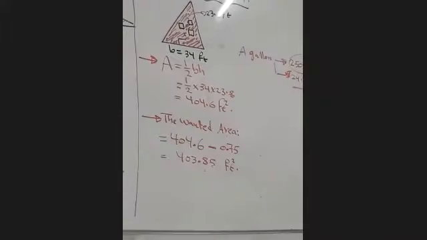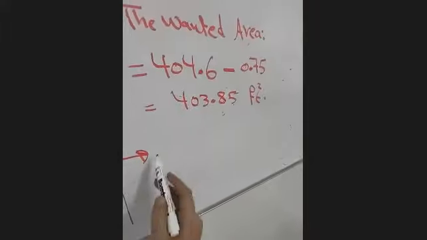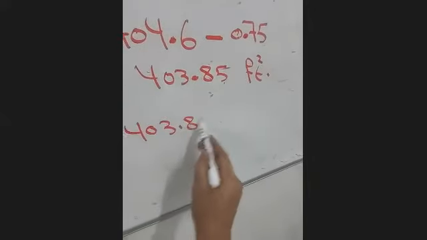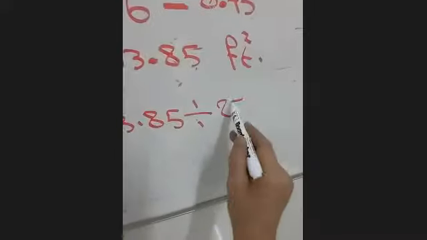Got it? So what I will do here, the third step, I need to divide the wanted area, 403.85, by 250, to know how many 250s. If we divide these two numbers, guys, the answer will be 1.6154.